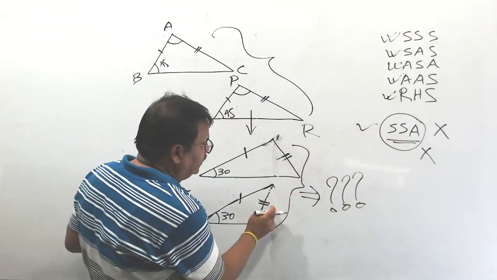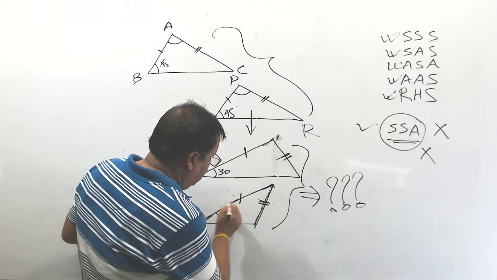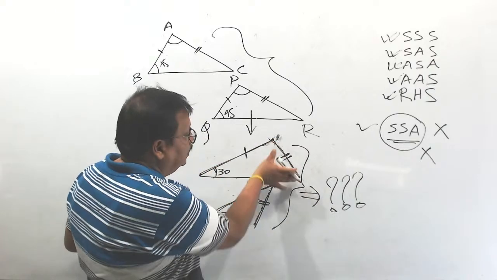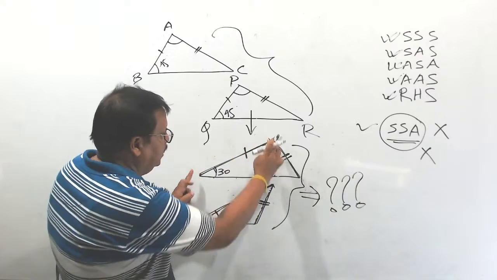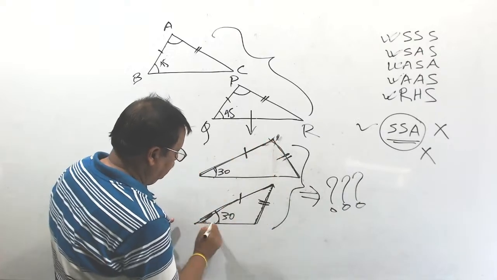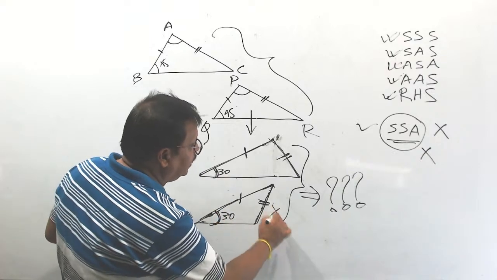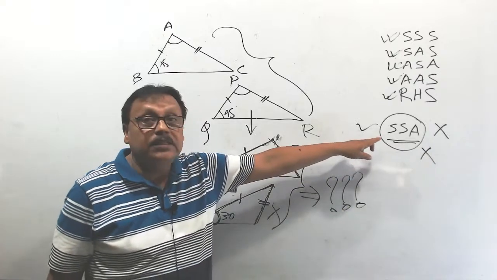This is also SSA. This side equal to this side, this side equal to this side, this angle equal to this angle. But these two triangles are not congruent. Are they congruent? No. So this property fails.